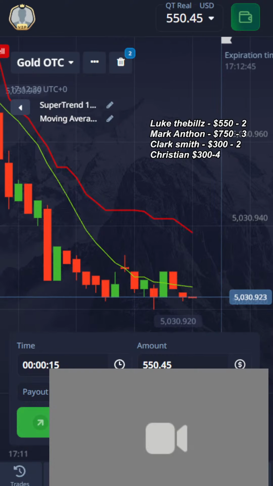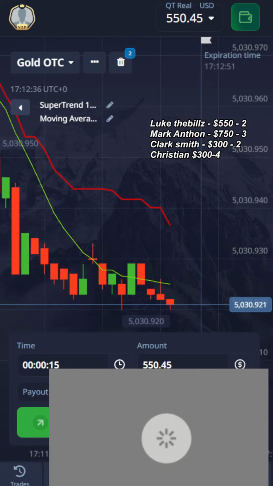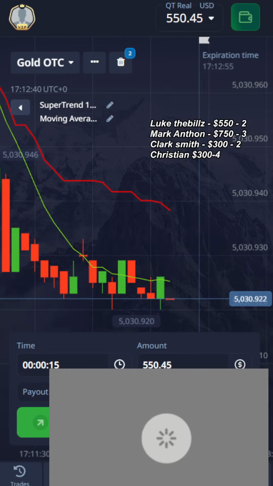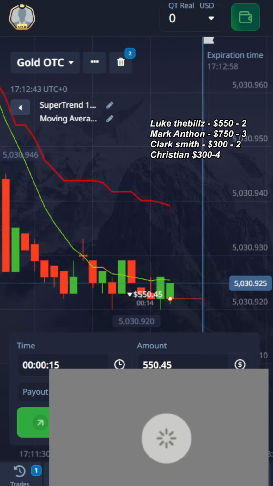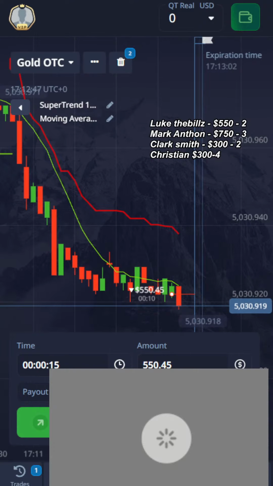So apparently we are trading for Look the Bills. Investing for 2 attempts and the amount is 550. At the moving average and we are in a downtrend, we take the first trade right there.